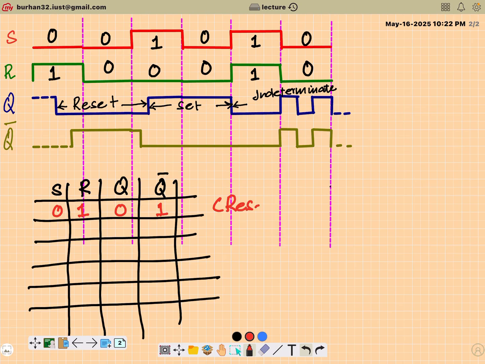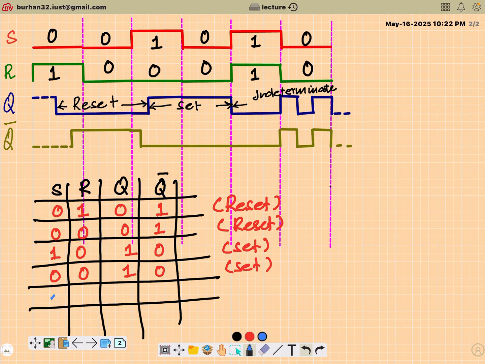This is what initialized the reset state. Then 0, 0: again Q was 0, Q bar was 1, again a reset state, maintaining the reset state. Then I changed to 1, 0: Q became 1, Q bar became 0. This initialized my set state.